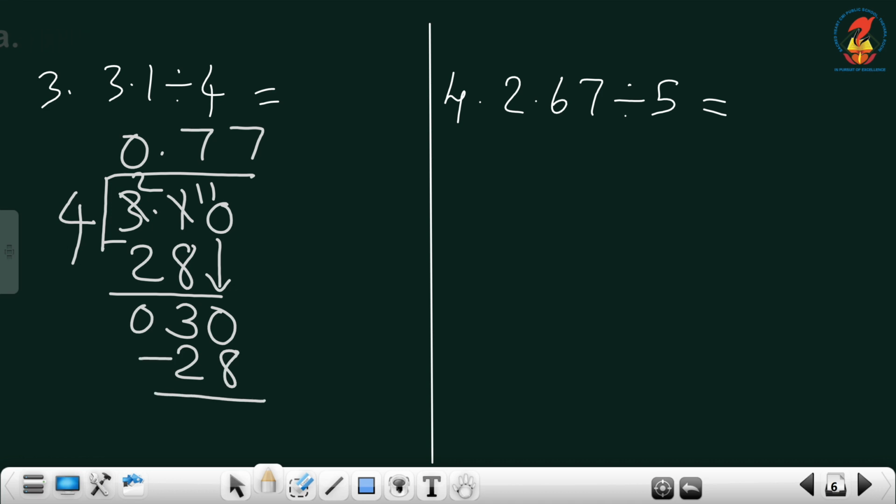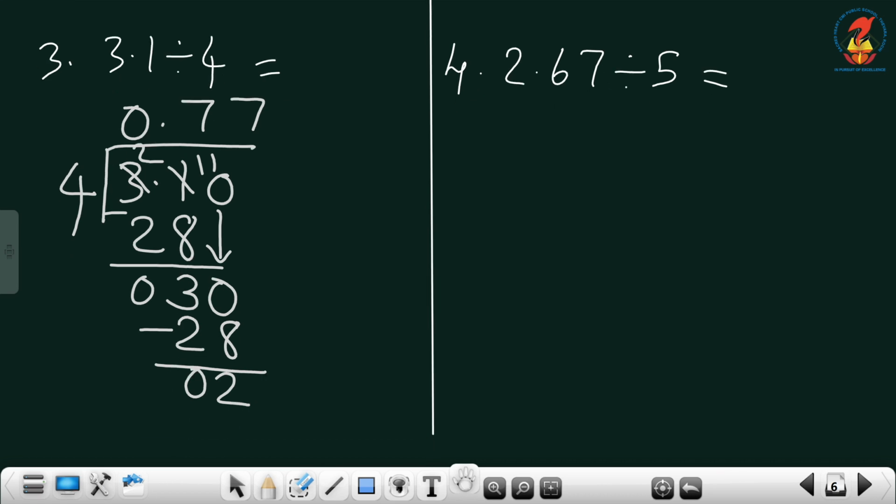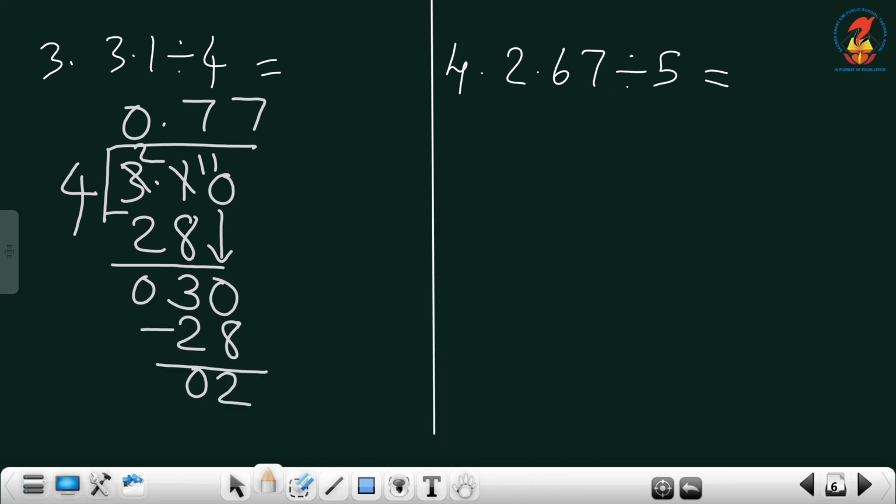Again I got 2 as the remainder. Again I need to add one 0 in the dividend, and take that 0 down because I got remainder 2 here, right?